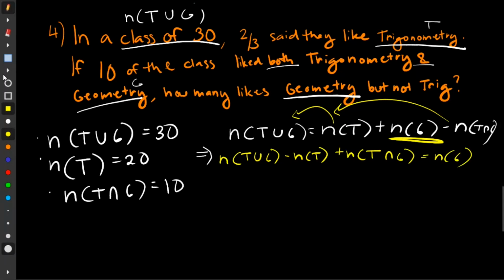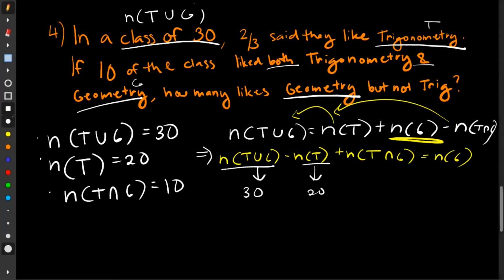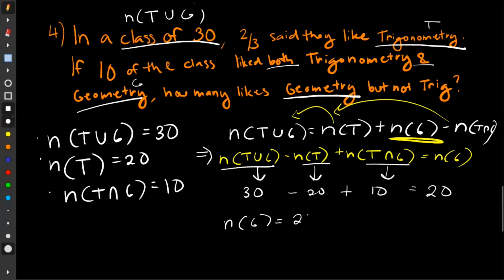Since we already have their details, put this one as 30, this one is 20, and this one is 10. So we have 30 minus 20 is 10, plus 10 is 20. So we now know the number of students that like geometry alone, not including trigonometry.